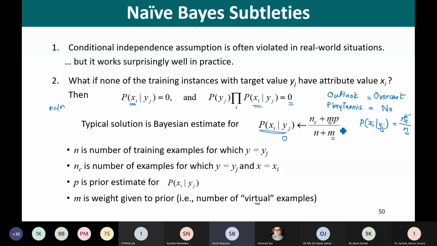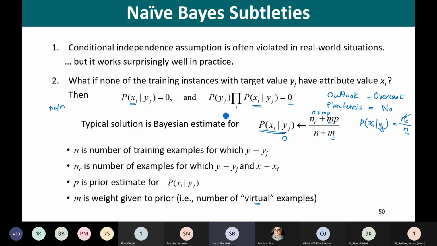So ultimately, even though this nc value is 0, we are adding some value m into p into that. And that is how this entire probability will not become 0, but it will have some value. And as this will have some value, this entire product will not become 0.